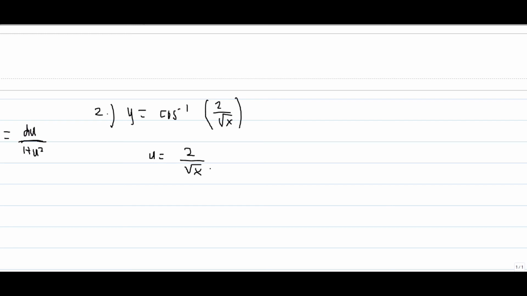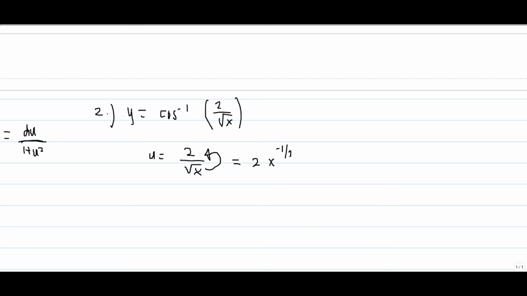We can now remove the radical symbol so that we can derive and find du. We let it into the numerator, so this will become 2x to the power negative 1/2.